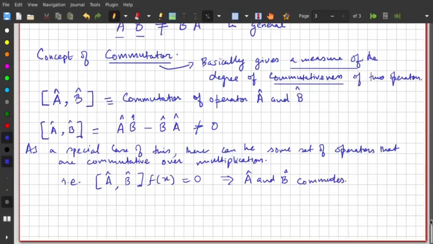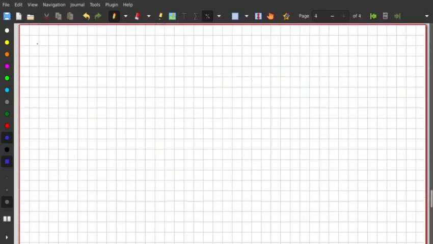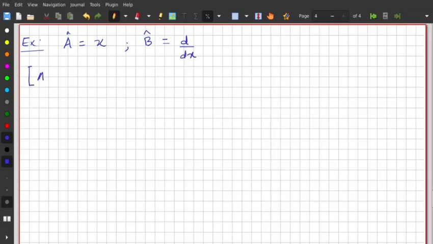So let's take a very simple example. Let's say our first operator A hat is multiplication by x, and our second operator B hat is the derivative operator. Let's see what the commutator of A with B is, acting on some function phi of x.